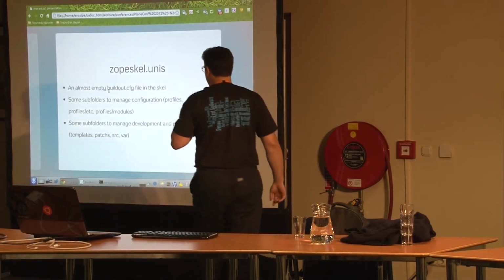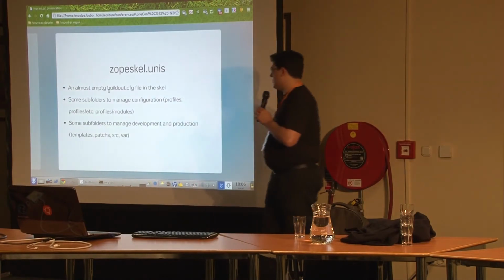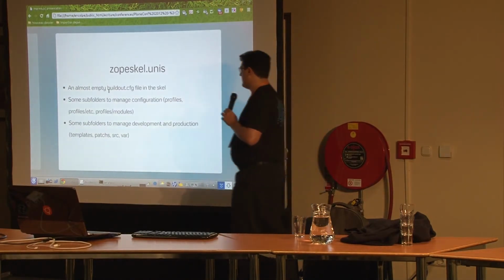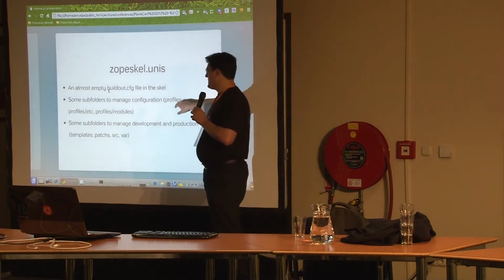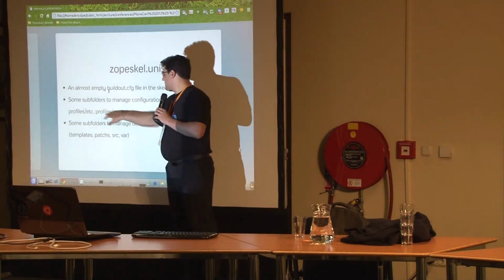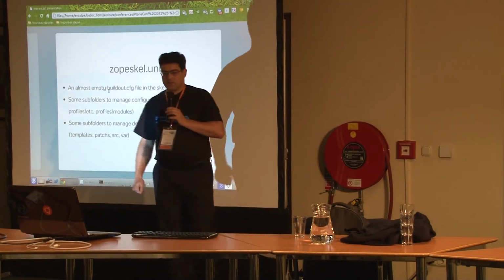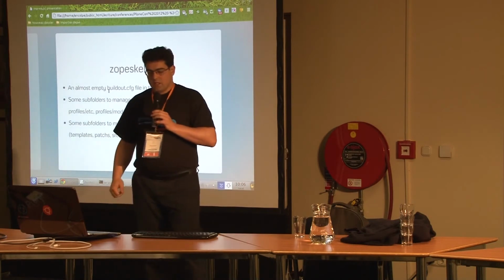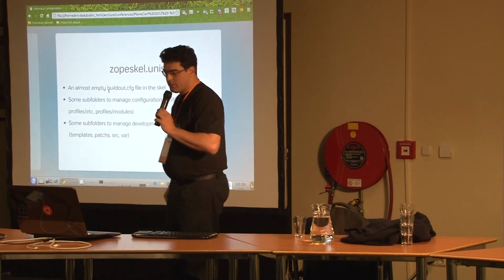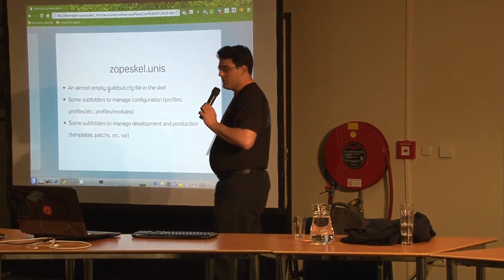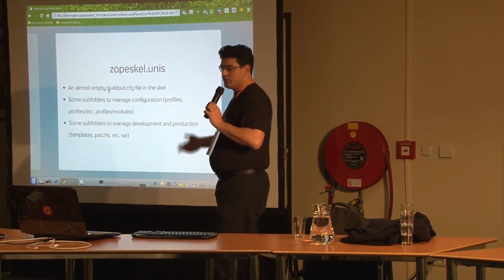Inside, we have one subfolder to manage all profiles and all profile configuration in profile/etc and profile/models. And we also have some subfolders to manage everything you can see in production.